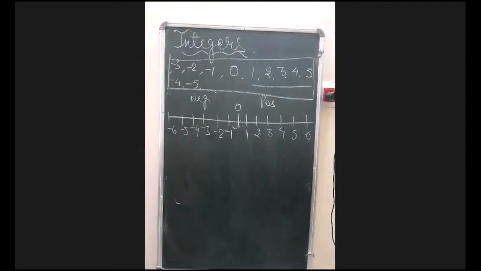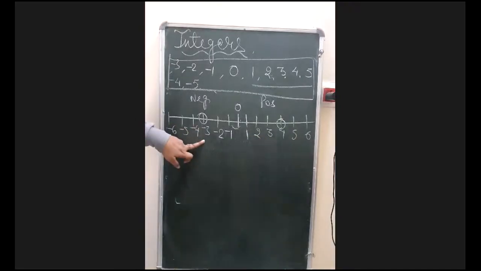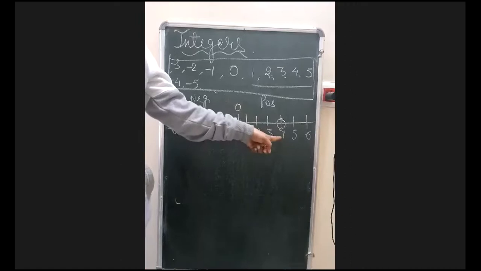ठीक है? अब you must be knowing, I have also taught you this, that जितना ज्यादा आप right side की तरफ जाते हो, you will always have the number greater and greater and greater. ठीक है? And the more you move to the left direction, the shorter and shorter or smaller the number gets. ठीक है? तो अगर मैं बात करूं -3 की और 4 की, you will see that -3 is written on the left and 4 is written on the right side.